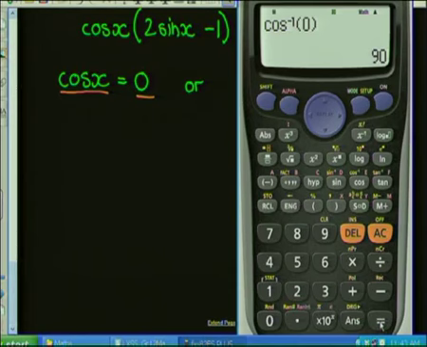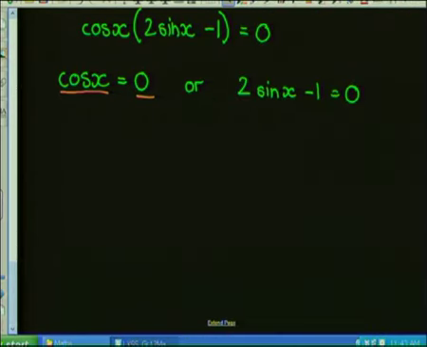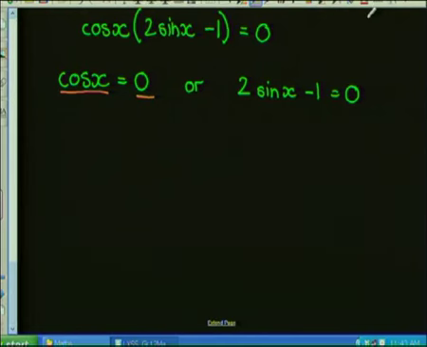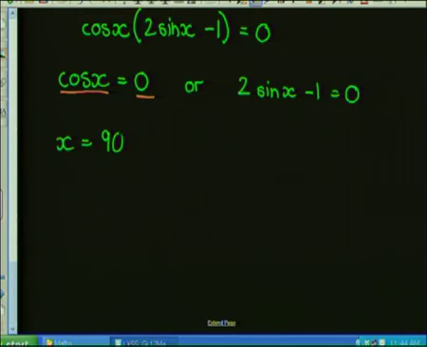Therefore, we can now say that x, because here we're working now with an x and not with theta, but now x represents the angle, so we would say x equals the 90 degrees that we got on our calculator. That is what I'm talking about when we say reference angle. So that now is going to be 90 degrees plus k times 360 degrees.